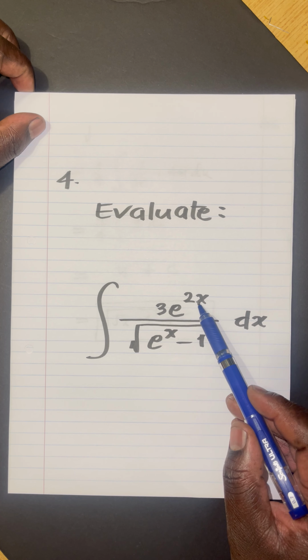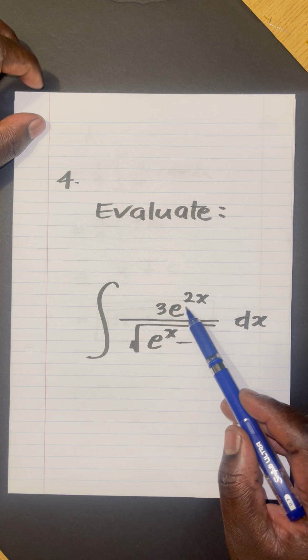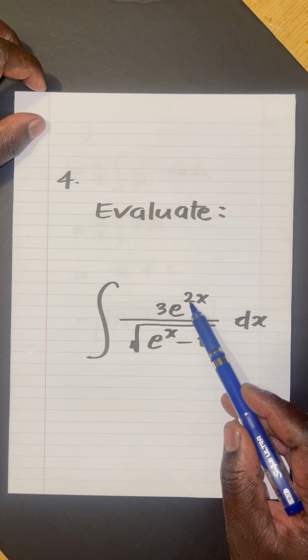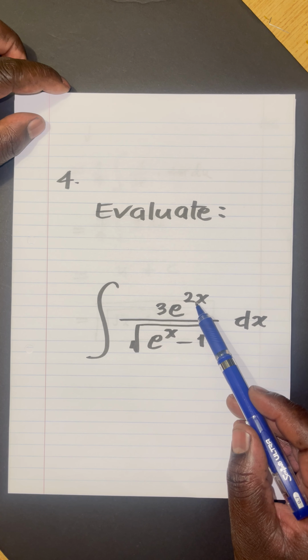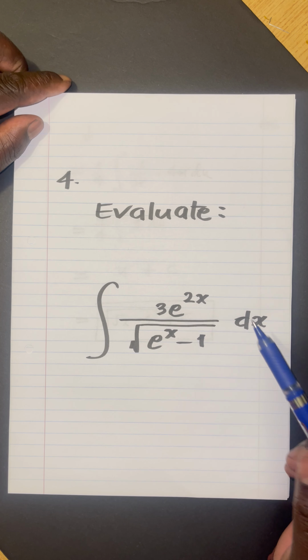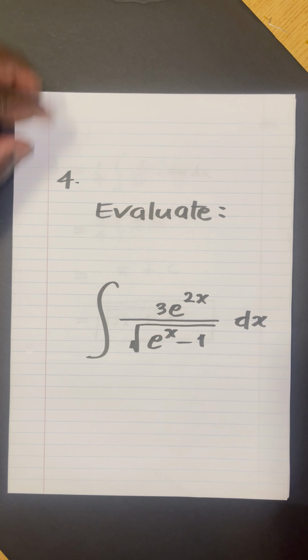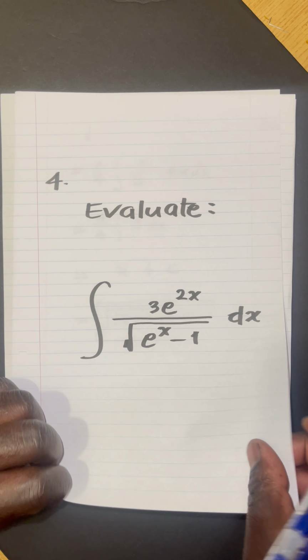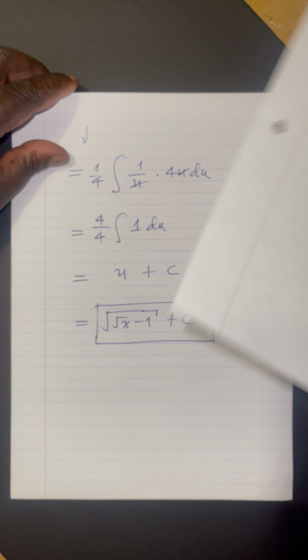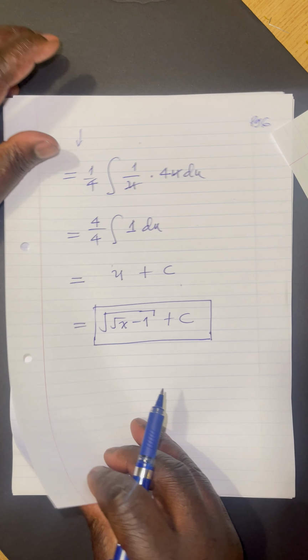But e to the power 2x can be broken down into e to the power x times e to the power x. You say, why do you do that? Well, you'll see shortly. Remember, these are techniques of integration. You have to do a bit of work before u-substitution can actually come out clearly as a technique of integration that should be employed.